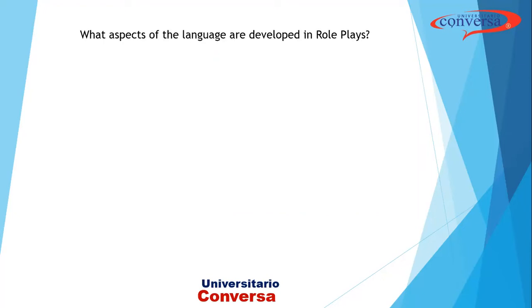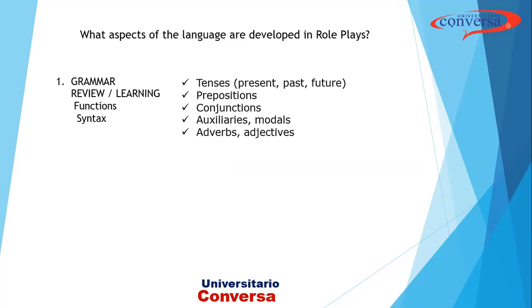What aspects of the language are developed in role plays? You have already mentioned something about this. That's grammar, in case you review grammar they have already learned, or when you are including new grammar, that includes different points like tenses, present, past, or future, or use of different elements in the language, like prepositions, conjunctions, auxiliaries, modals, adverbs, or adjectives.